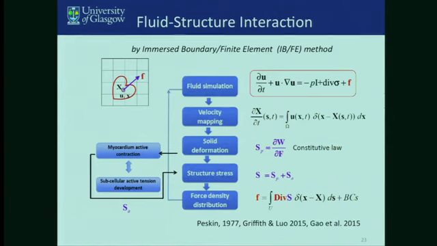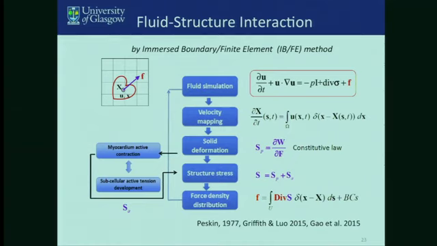And we embed the heart into either a regular fluid domain or an adaptive domain. And you can solve the Navier-Stokes equation assuming you know this force for U. And then once you have U, because the solid moves with the fluid, the solid is fully embedded in the fluid. So there's a no-slip boundary condition. And this no-slip boundary condition, because they use different coordinates, is established by a delta function.